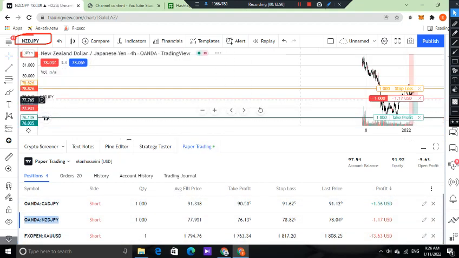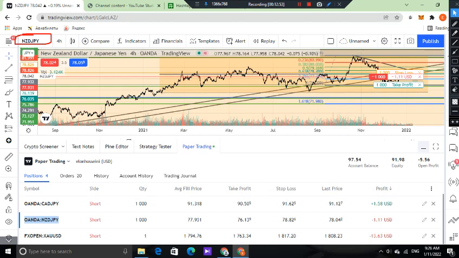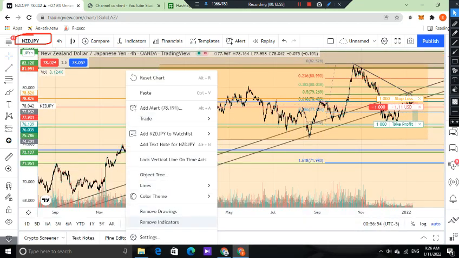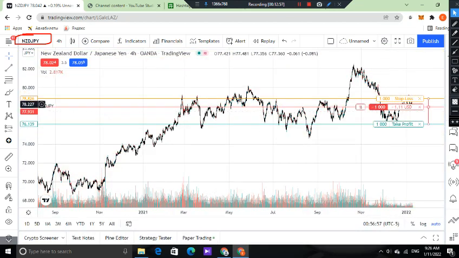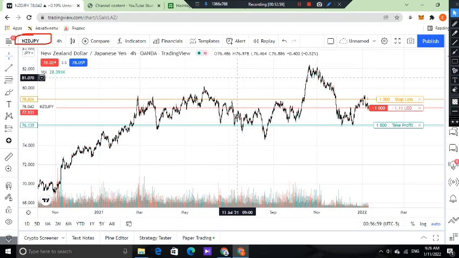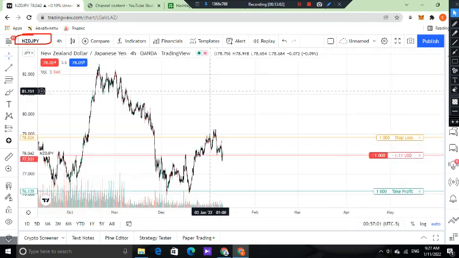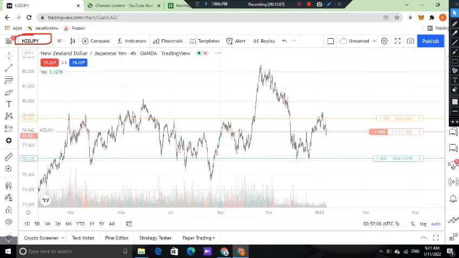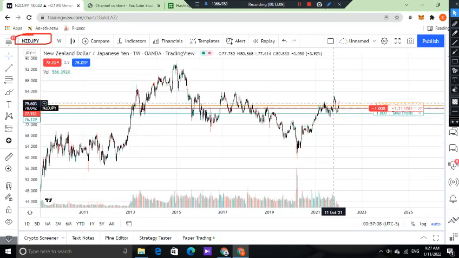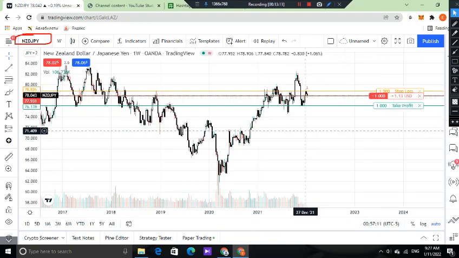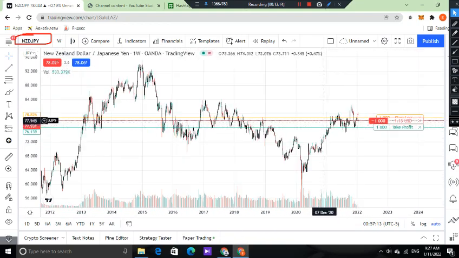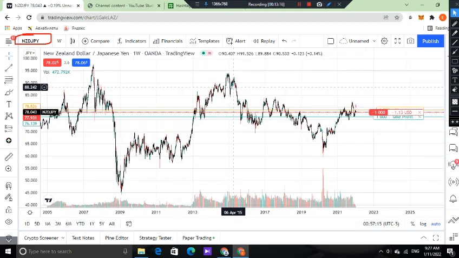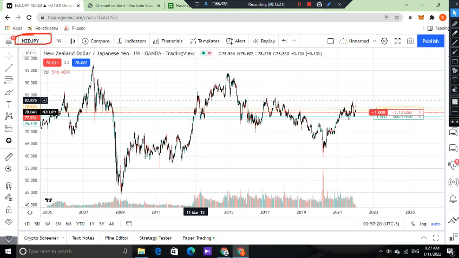What about NZD JPY? Okay, holy shit, we have this mess. Let's make it more clear. I start with weekly time frame. Okay, what about this one?